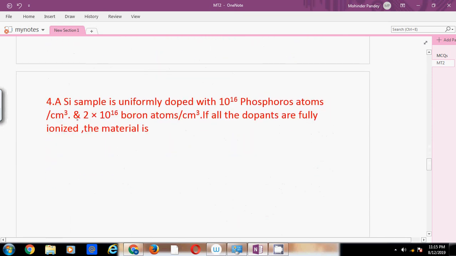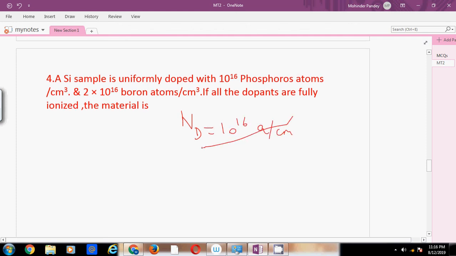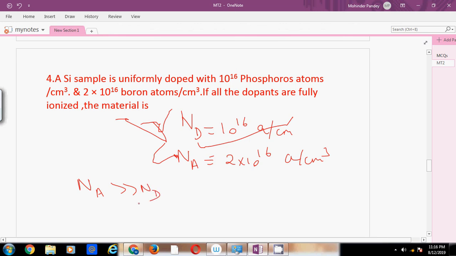Next question. A silicon sample is uniformly doped with 10 to the power 16 phosphorus atoms per centimeter cube, that is Nd. We have given the donor concentration, remember, atoms per centimeter cube. Now boron, we have given boron atoms, meaning acceptor concentration. This is 2 into 10 to the power 16 atoms per centimeter cube. As we can see, Na is greater than Nd, acceptor concentration versus donor concentration.